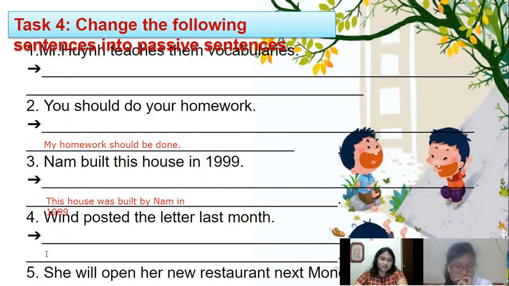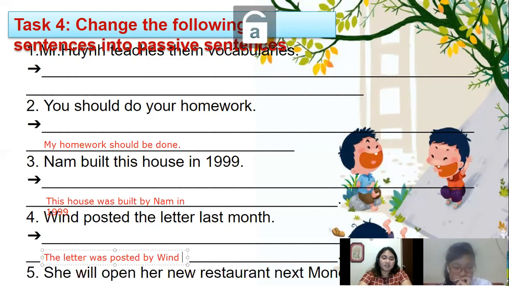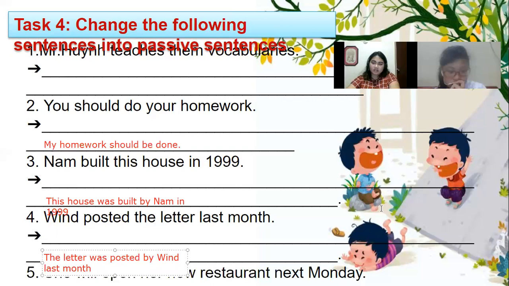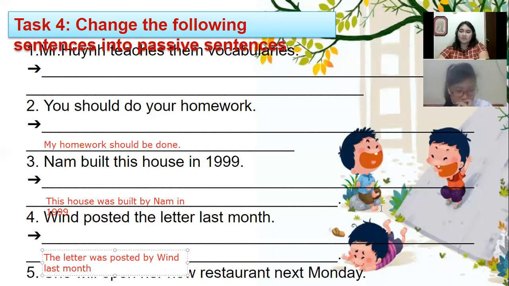The letter was posted by Win last month. Okay, the letter was posted by Win last month. And I can't see the last one, so let's just leave it there.